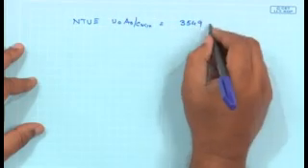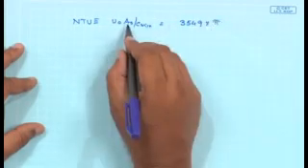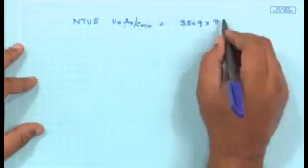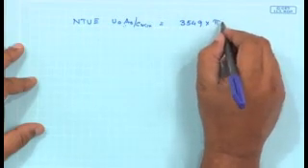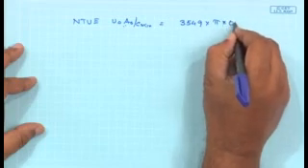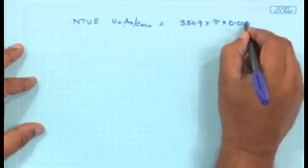3549 is U naught. The area, this is not the cross sectional area, this is the area available for convective heat transfer. The area available for convective heat transfer would be pi times d, which is 0.159.